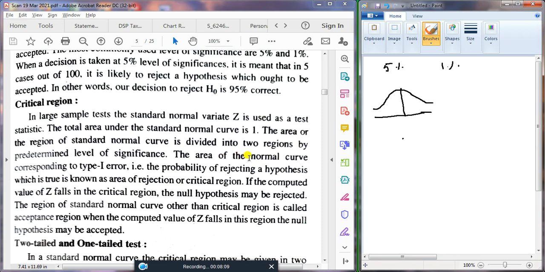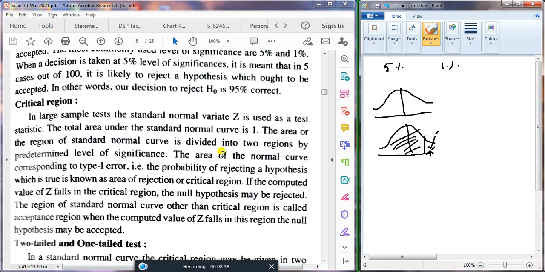The area of the normal curve corresponding to type 1 error, that is probability of rejecting hypothesis which is true, is known as area of rejection or critical region. Understood? So अगर मैं मान लूँ अगर कोई पॉइंट है, ये पॉइंट है, इससे कम है तो मैं एक्सेप्ट करूँगा और इससे ज़्यादा है तो मैं रिजेक्ट करूँगा, तो ये आपका क्रिटिकल रीजन हो गया.